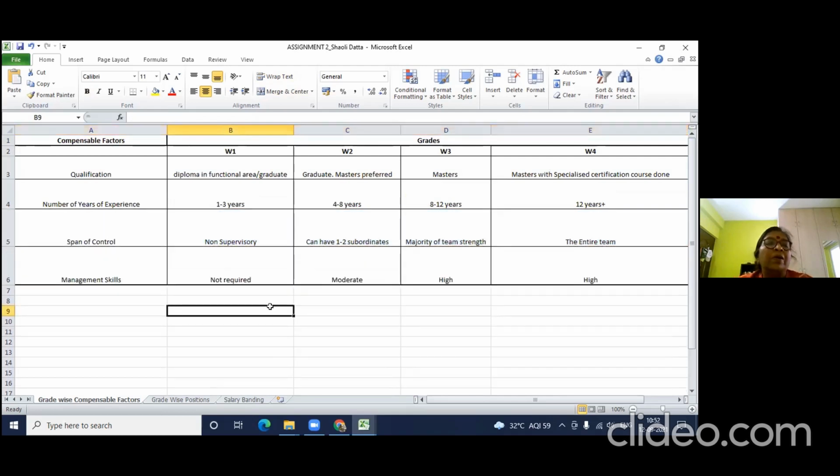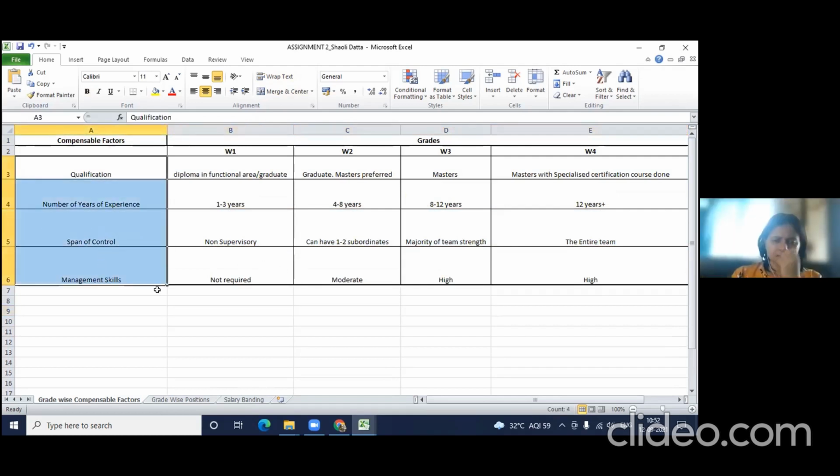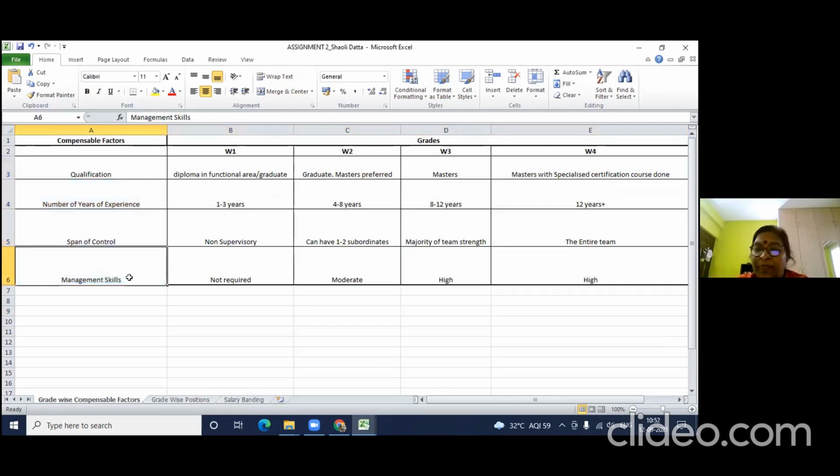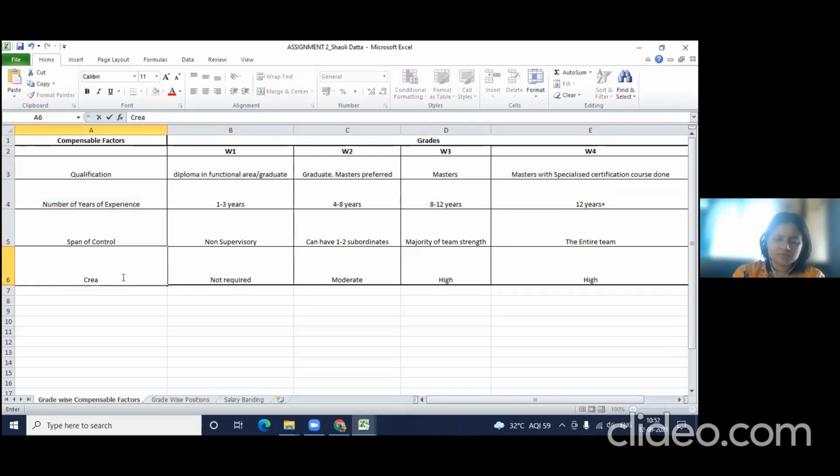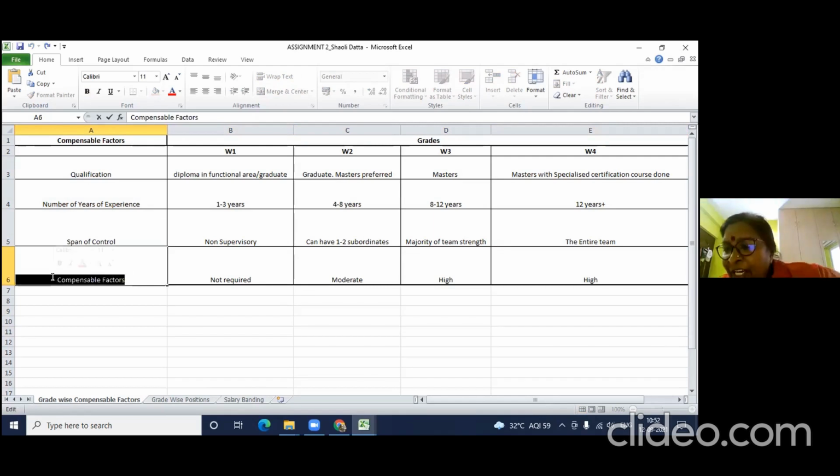So what are your compensable factors? Qualification, experience, management control, and management skills. Management skills is almost like supervisory leadership.